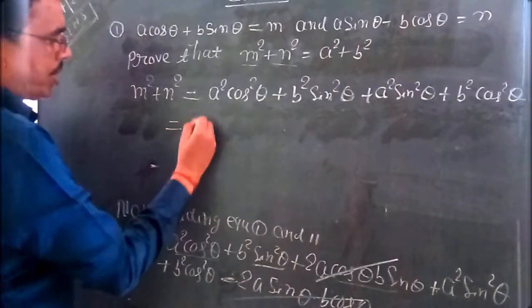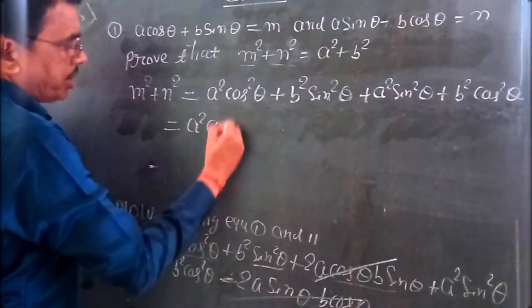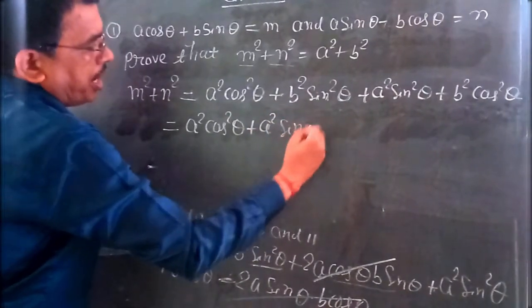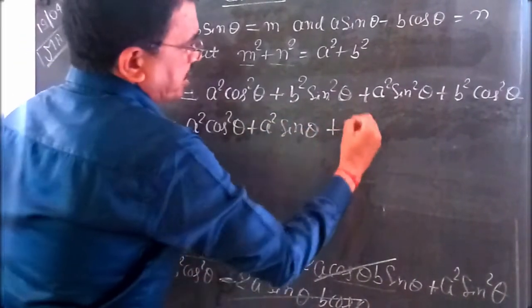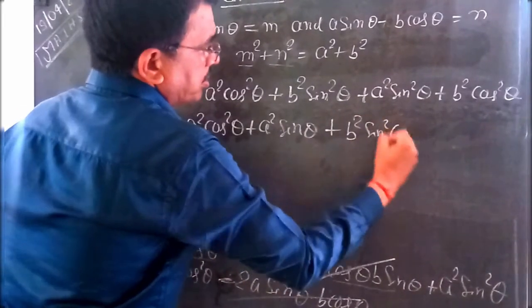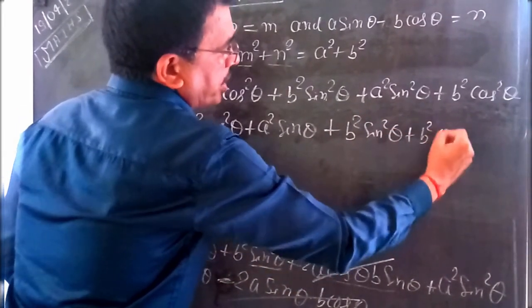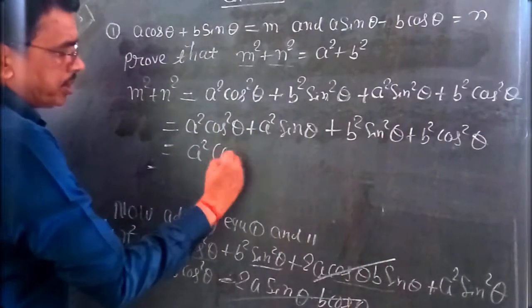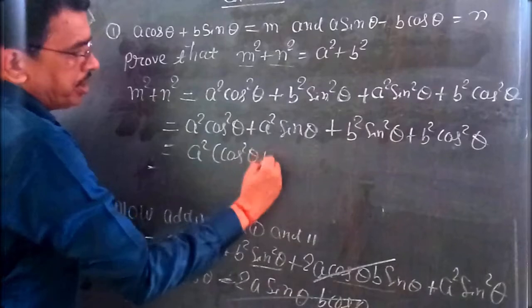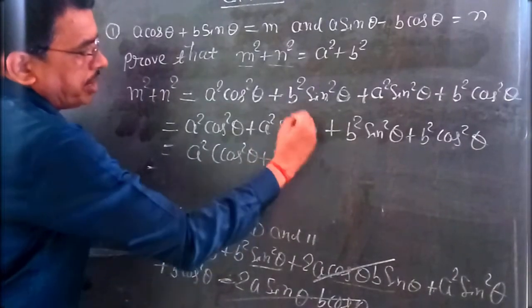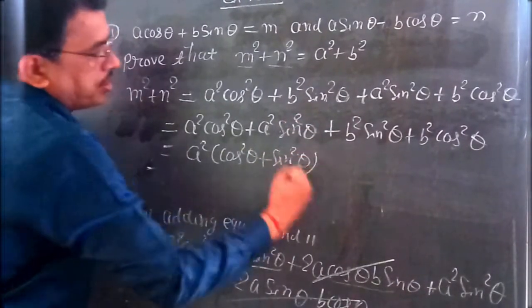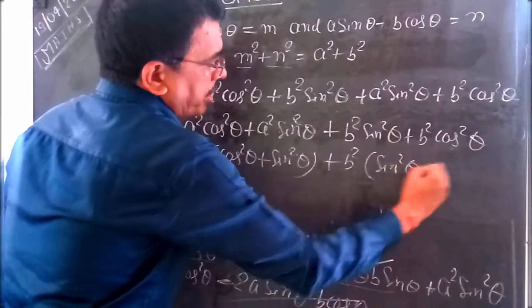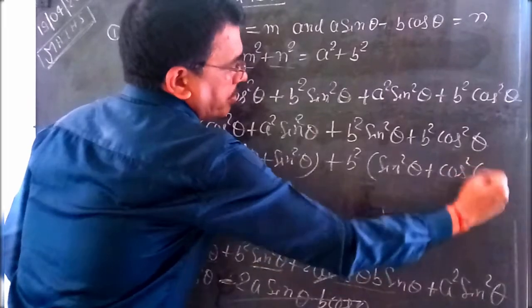Now a square cos square theta and a square sin square theta at one place, and b square sin square theta and b square cos square theta in other place. Here a square is common, then it is cos square theta plus sin square theta. Here b square is common, so here is sin square theta plus cos square theta.